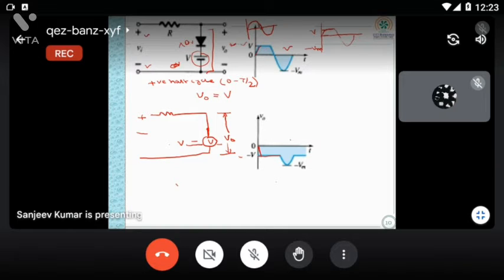So if you want to see whether your output voltage is positive V or negative V, it depends upon the polarity of the supply voltage. And also whatever quantity you need, for example, I need 2 volt, so I have to use a 2 volt DC supply voltage. So it is generalized, for example.